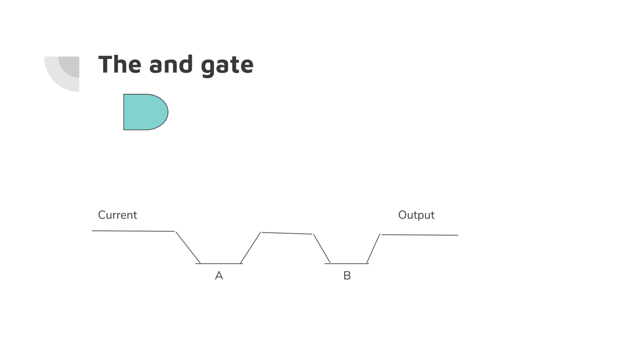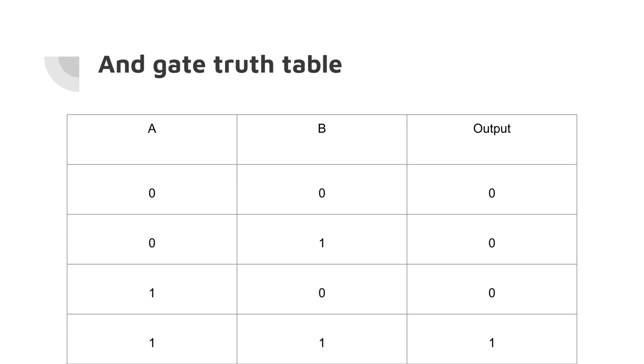The AND gate returns 1 if both A and B are 1. And the current can't flow through if either of them is 0. The truth table looks like this. The only time that the output is 1 is if A is 1 and B is 1.